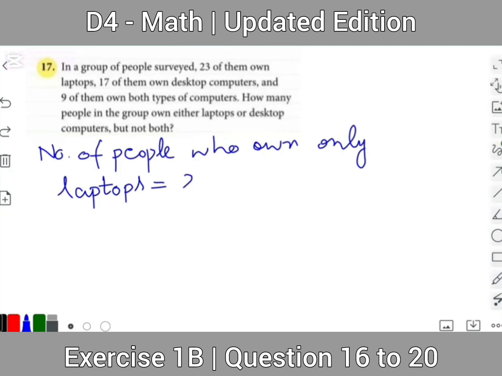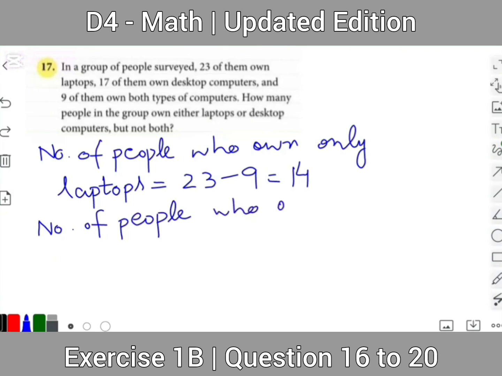So we will subtract 9 from 23 and we will get 14. Now we will find out the number of people who own only desktop computers.